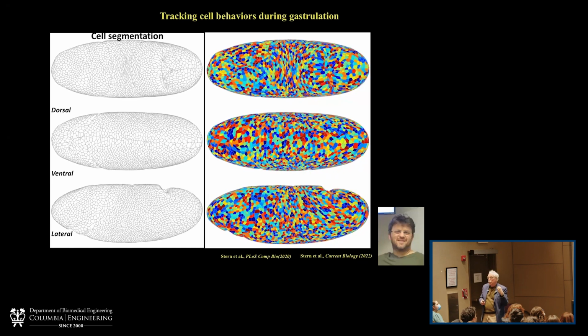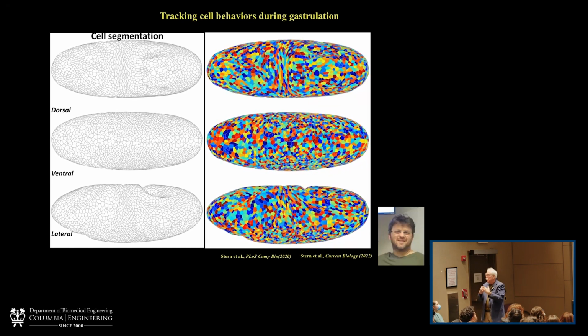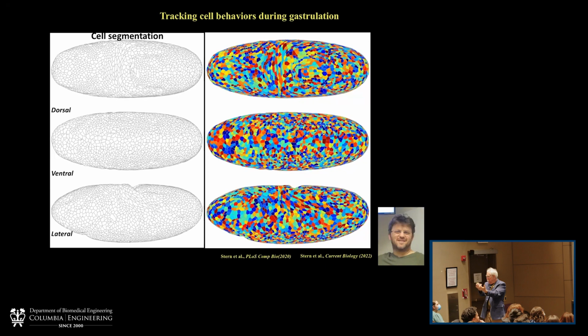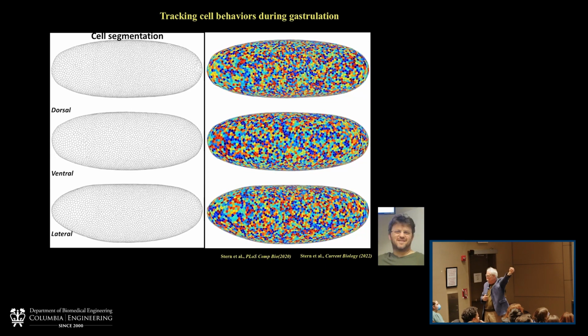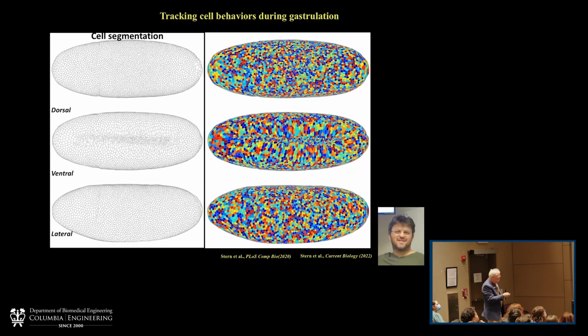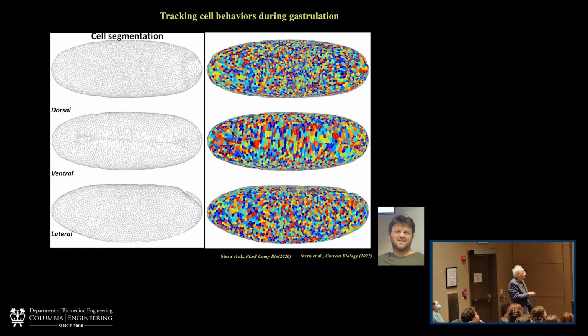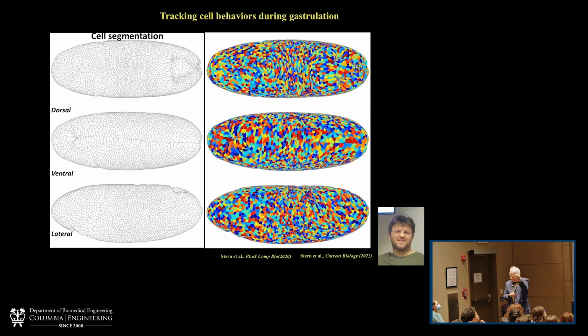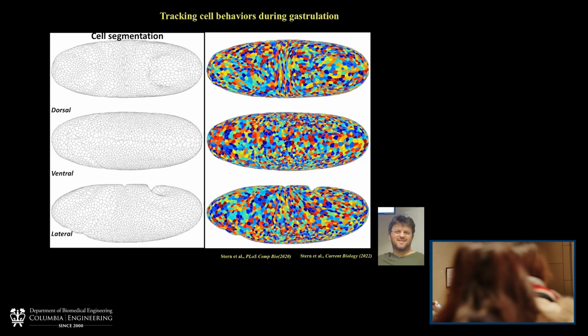So the goal of this is to be able to define behaviors, define outcomes, and then trace them back ultimately to genetic expression patterns at those early stages.